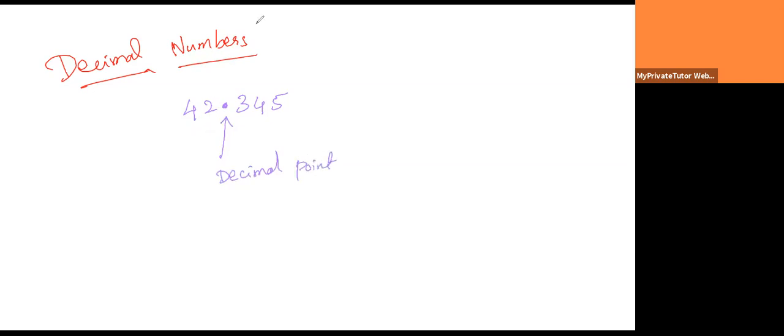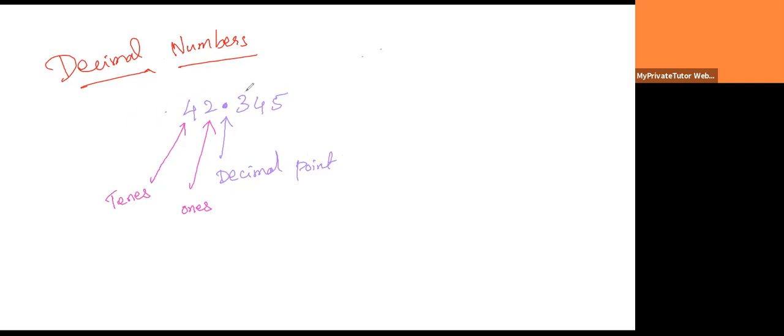Here the 2 is at the ones place. 4 is at the tens place. Which means if it goes in this way, the value is obviously multiples of 10. So this is ones place, tens place, hundreds place, thousands place, and it goes on.